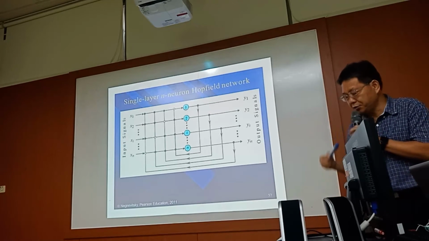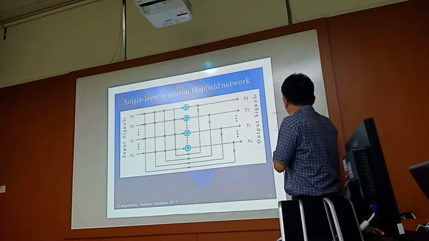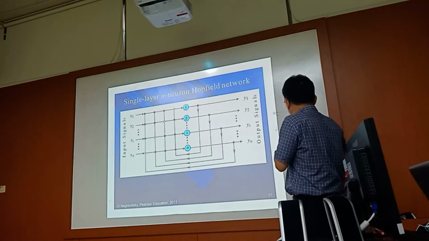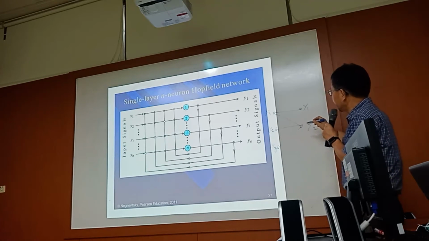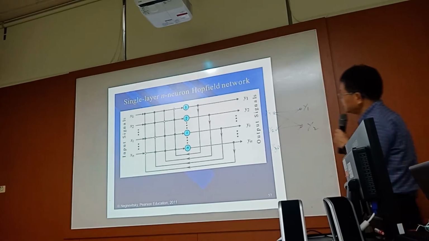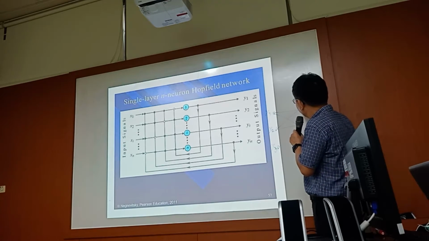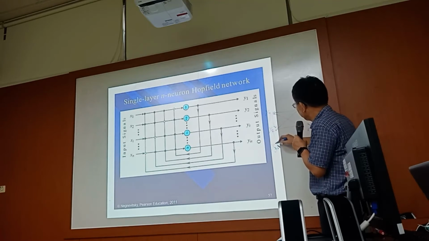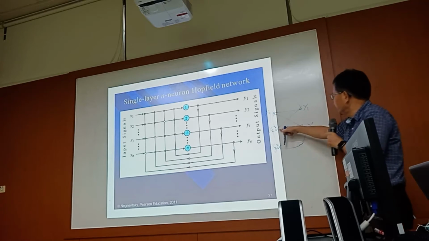So this network connection has this one, and then it feeds back only to here and here, and this node feeds back to here, not to itself.